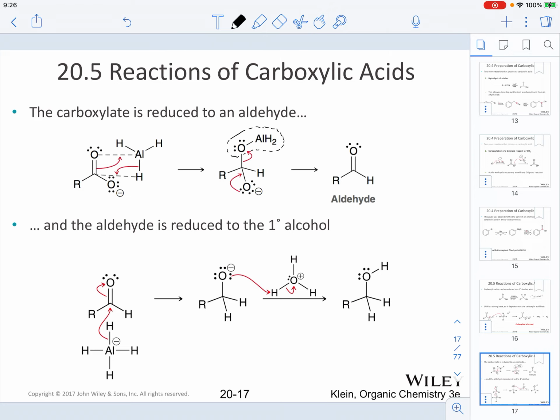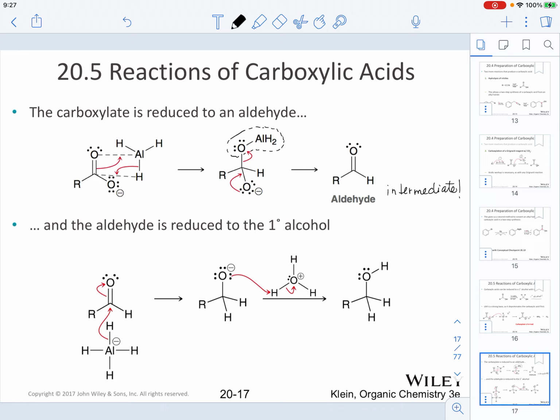So at first, in this mechanism, understand that we produce the aldehyde. But as we learned previously, aldehydes in this case are just an intermediate. This intermediate is short-lived because in the presence of lithium aluminum hydride, as you have previously learned, aldehydes also proceed to make a primary alcohol. So again, here the aldehyde is not kept, it is an intermediate.